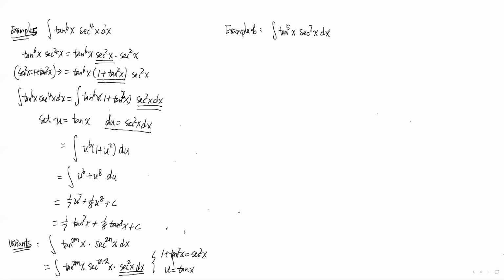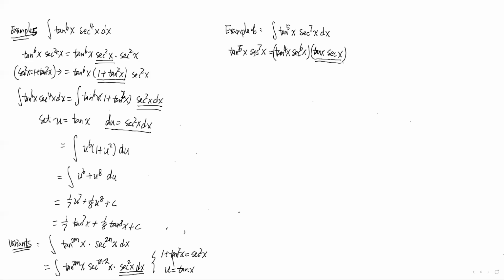Okay, let's write it out. Tangent 5 x secant 7 x. So how do we do it? Let's write it in this form. Tangent x secant x, we separate this out. This is tangent power 4, secant power 6. We separate this term out from the whole term.